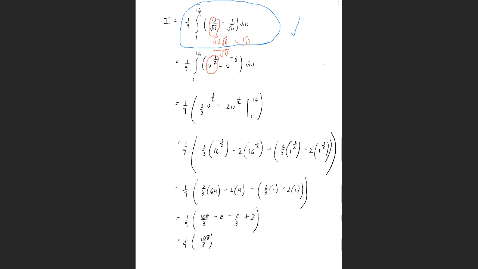On the other hand, 1 over the square root of u is the same as 1 over u to the 1/2 power. And that's just going to equal u to the negative 1/2 power. So, wow, I can get the antiderivatives of these two functions. I mean, isn't it amazing what you can do if you try?